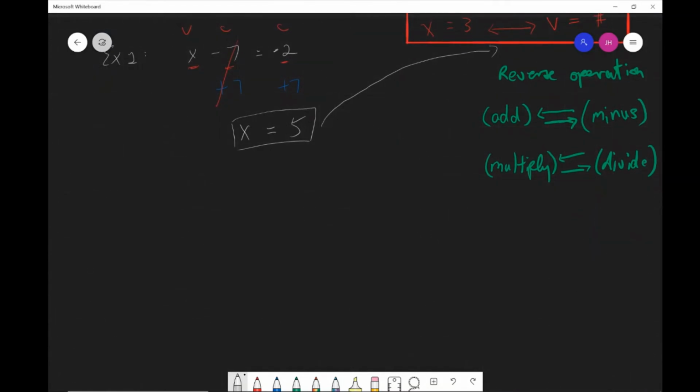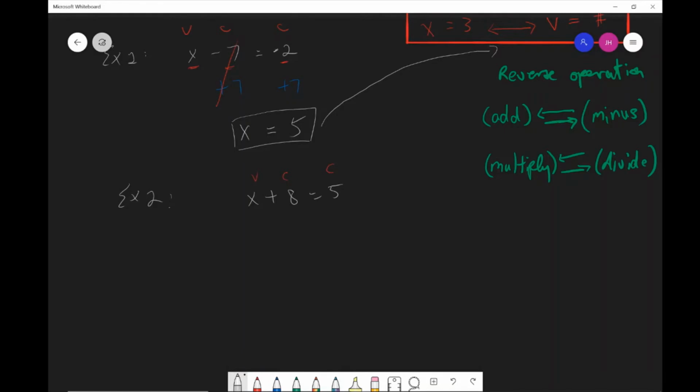Okay, let's work on a few more examples here. Let's say question number 2, you're given x plus 8 equal to 5. Same thing, identify the variable, constant, and constant. I want one variable and one constant.